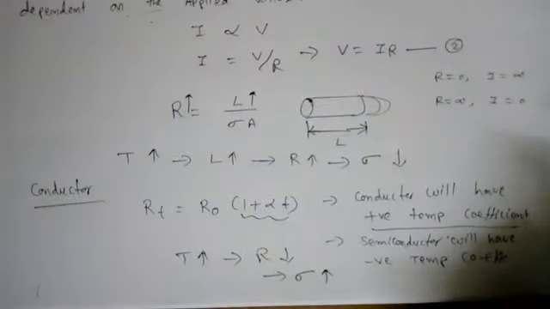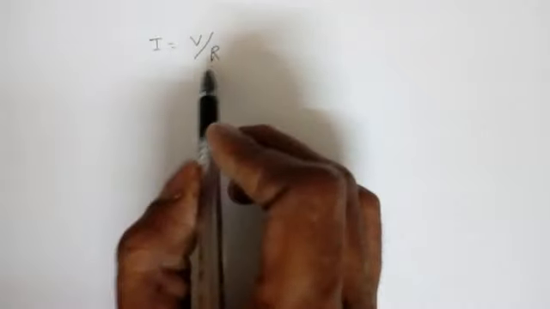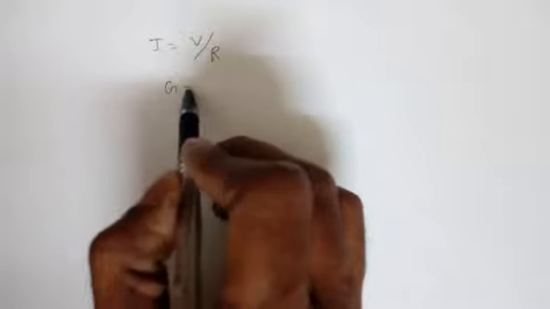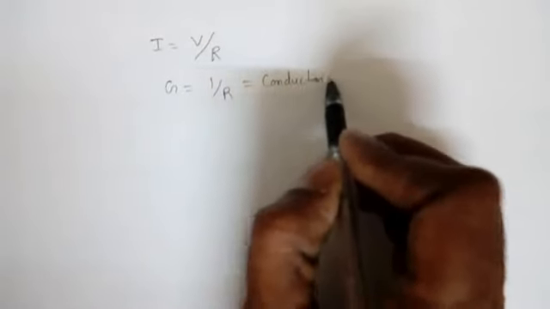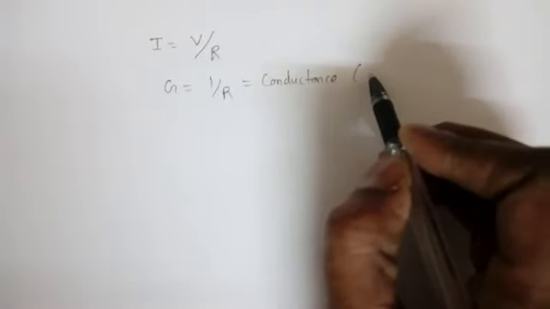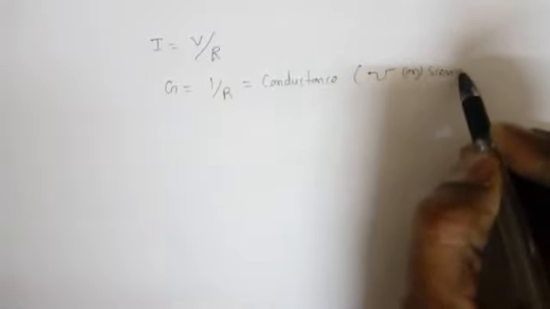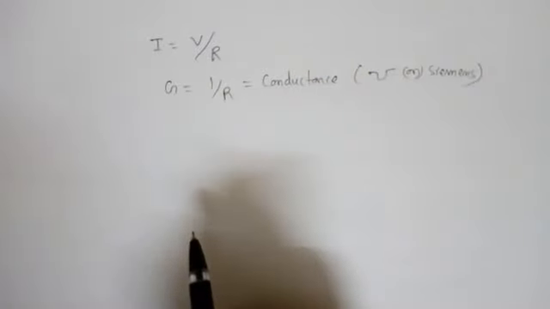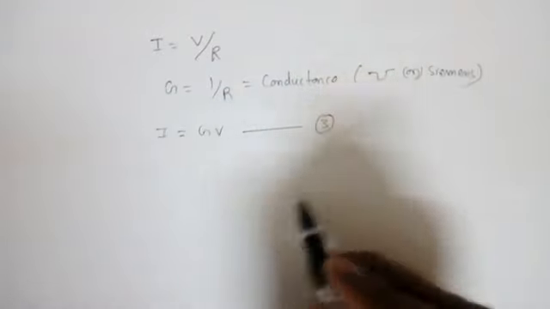Now, we will go further. See, there is another way of writing Ohm's law. We found I is equal to V by R. If I replace 1 by R with another parameter called conductance, and the units are Mhos or Siemens, which we already discussed, then I is equal to G into V. This is the third form of Ohm's law.